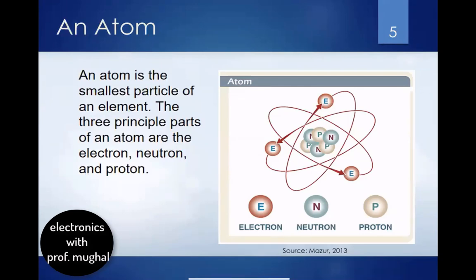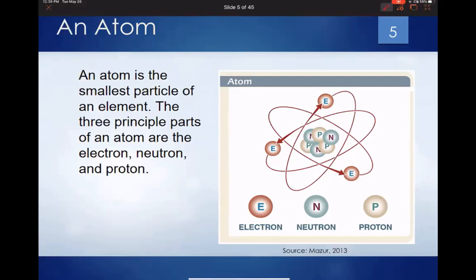An atom is the smallest particle of an element. The three principal building blocks of an atom are the electron, neutron, and proton. What you see over here is the center part of the atom, which is known as the nucleus.